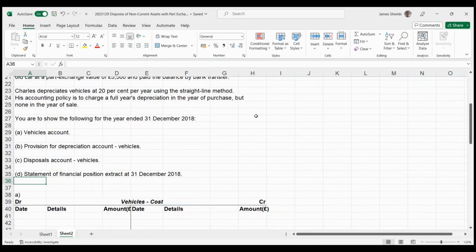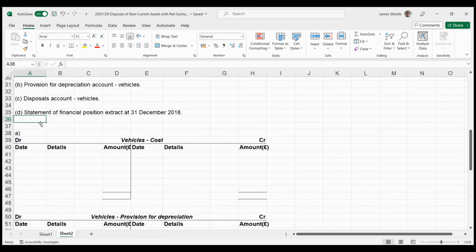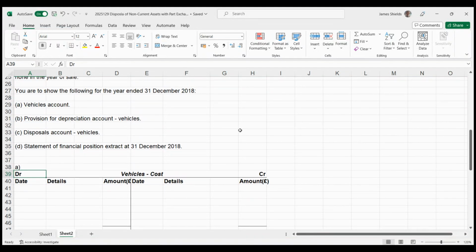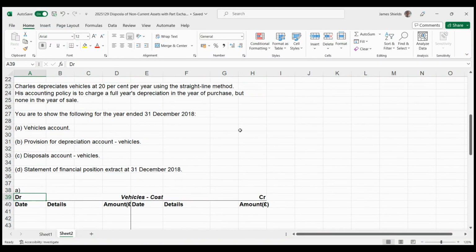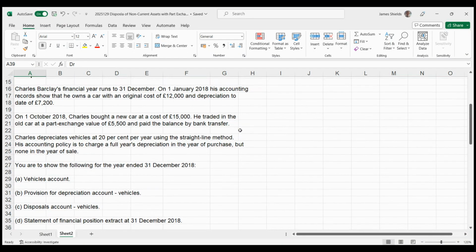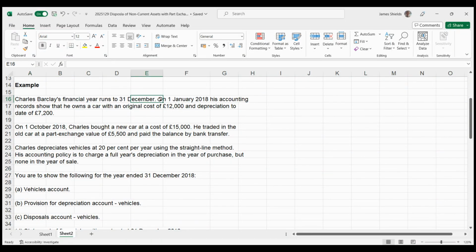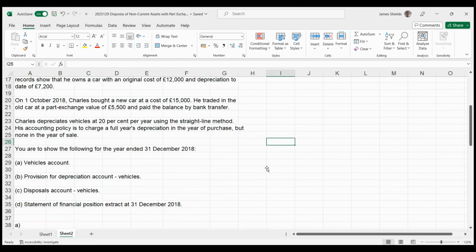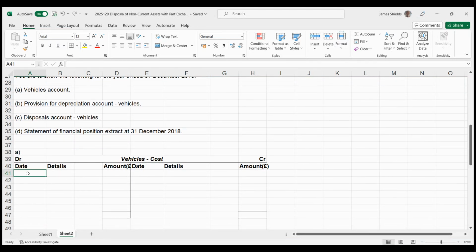Right, so let's have a look at the layouts now. So part A, I've got my vehicles cost account now. I'm going to take the information from the question and transfer it to the nominal ledger account for vehicles cost. So here we go. On the 1st of January, it shows he owns a car with an original cost of £12,000. So that's going to be the balance brought down on the 1st of January, on the debit side.